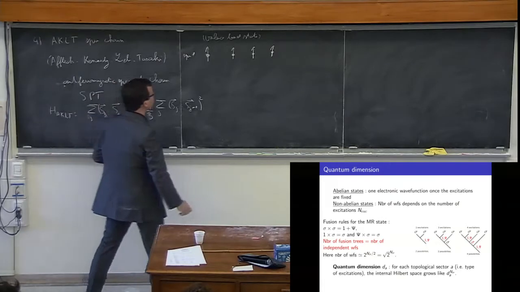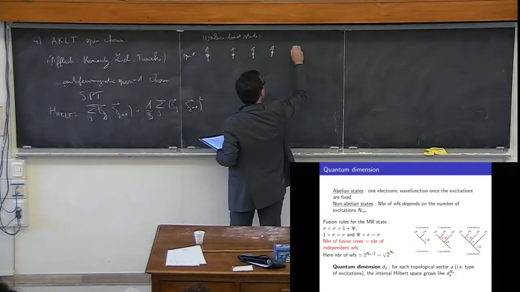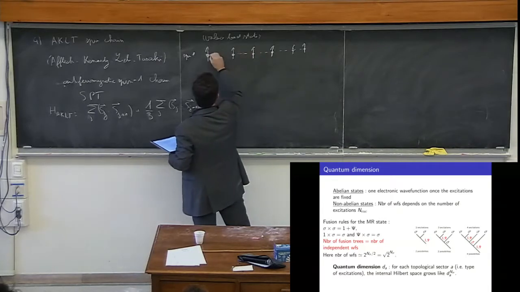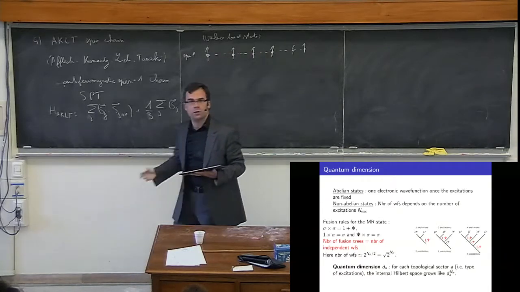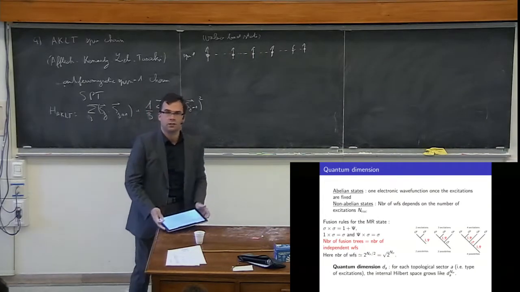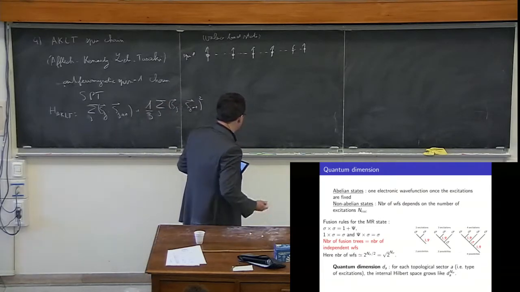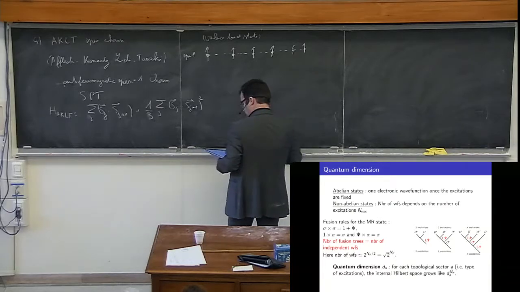You start with your spin 1, and now you write each spin 1 as a triplet state using 2 spin 1/2. So let's see, I need some blue and red.